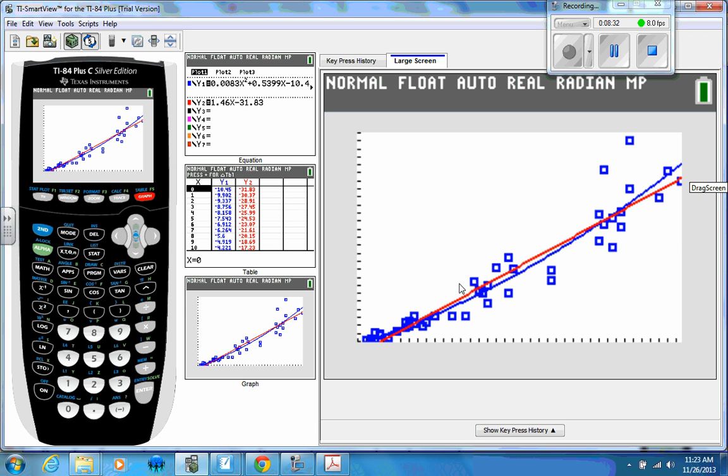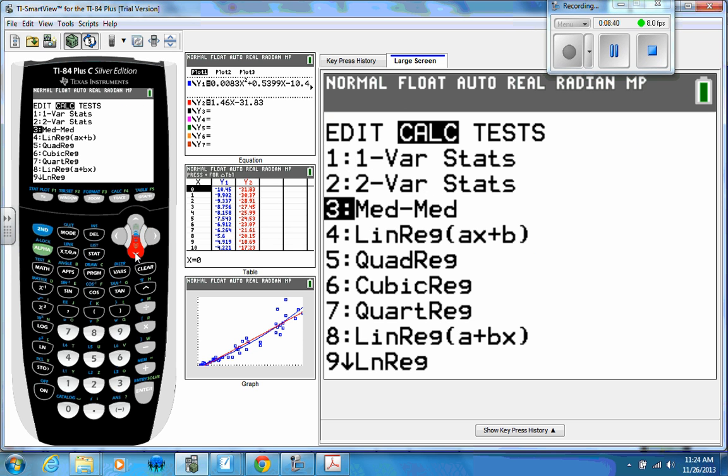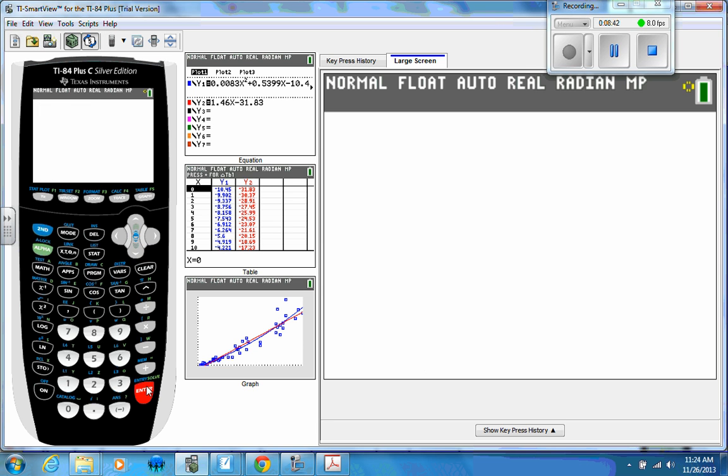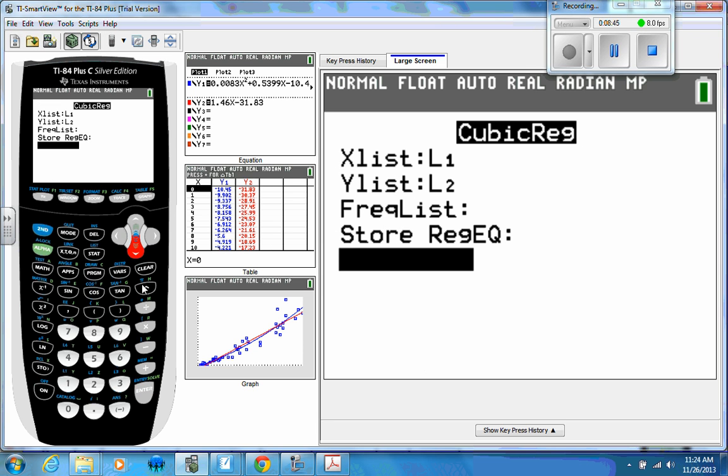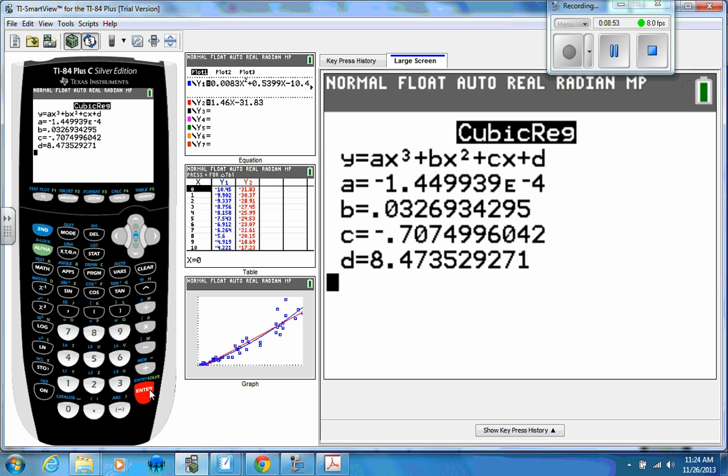So for example, even if we did a cubic regression, so we go into stat, we go into calculate, and we go all the way down to cubic regression, which is choice 6, and then hit enter to figure it out, we'll get that formula, which is y equals negative 1.45x cubed plus 0.033x squared minus 0.71x plus 8.47.